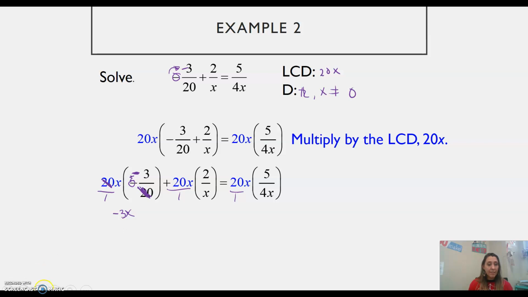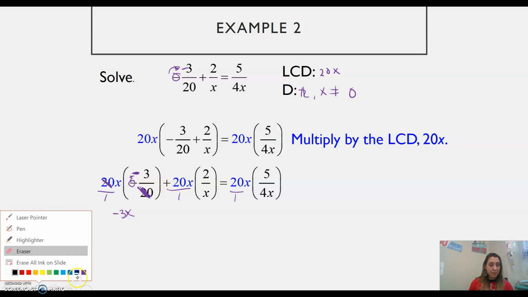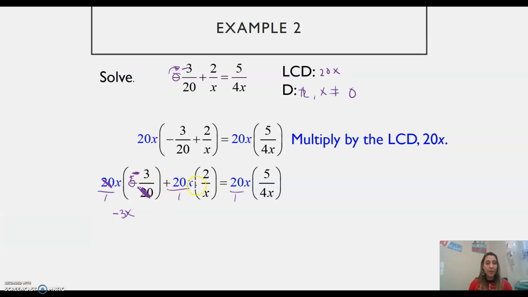Okay, so then I have a big one right here. This x and this x turns into a 1, and I end up with 20 times 2 over 1, and 20 times 2 over 1 is 40.